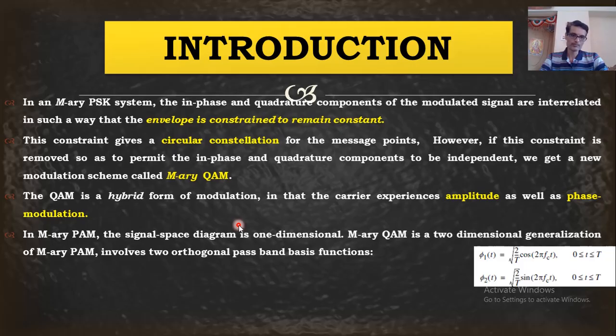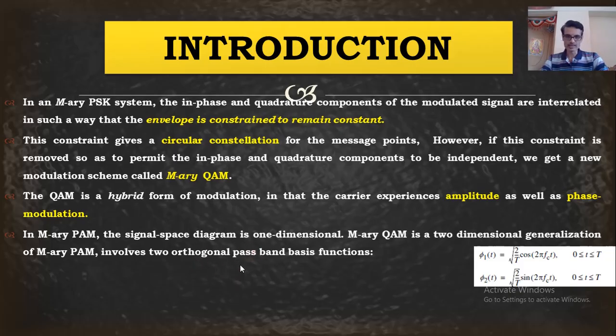Now to get a signal constellation of M array QAM, we have to consider two M array PAM constellations which are orthogonal to each other. Orthogonal means perpendicular. Two signal space diagrams of M array PAM which are orthogonal to each other. I'll show you that in the next slide.